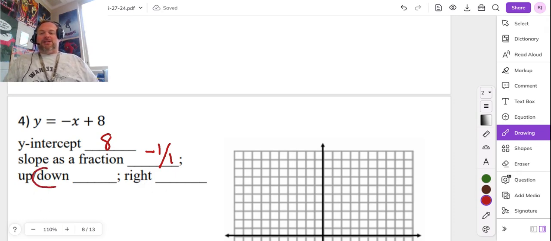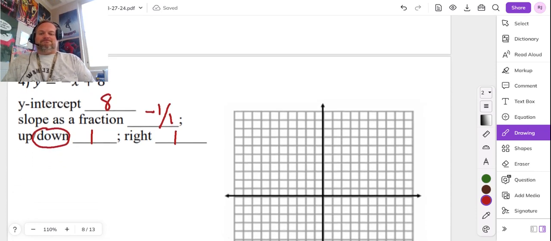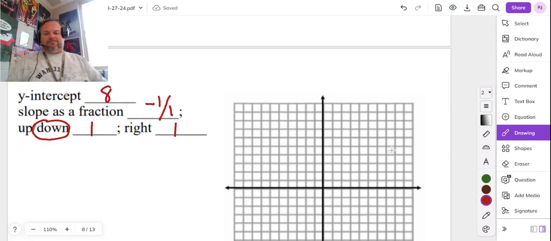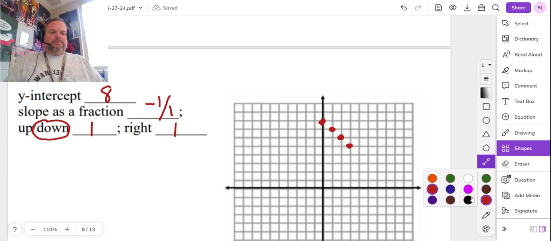That means I go down 1 to the right 1. Seeing if I can be more successful with more points.